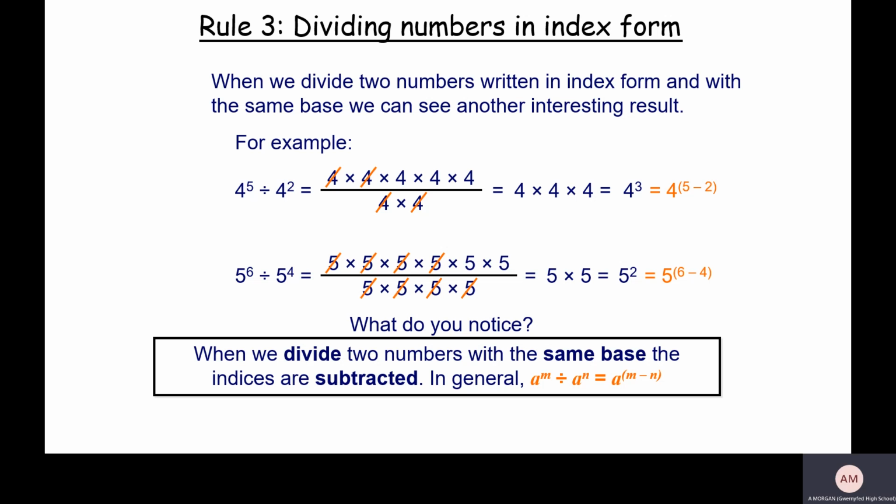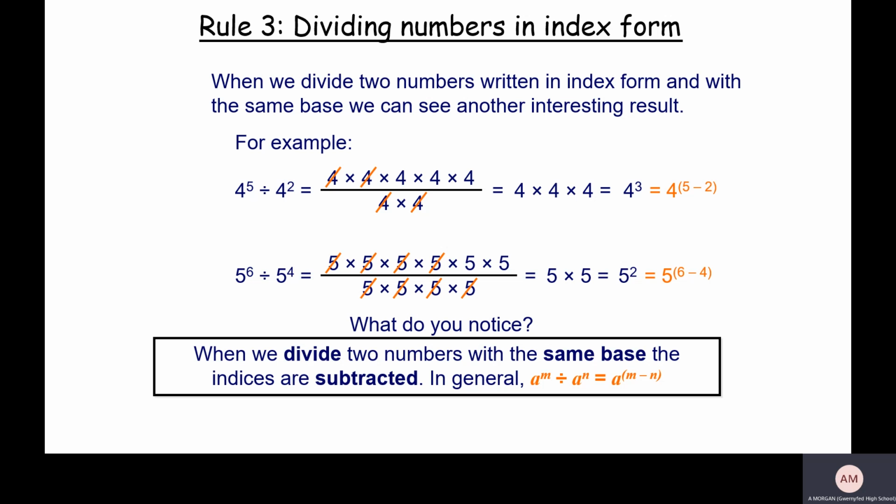What do we notice now? Hopefully you notice, because I'm cancelling out ones from the top and the bottom, the quick way of getting from this question to the answer is subtracting the powers. 5 take away 2 makes 3.